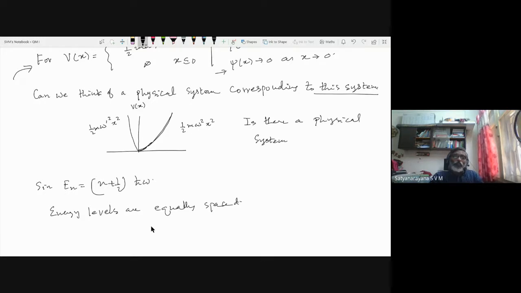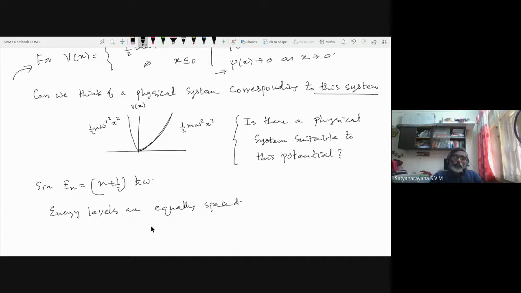Suppose you want to do an experiment to see how an oscillator behaves in this kind of potential. What kind of a physical system should we consider suitable for this potential? So this is another question.